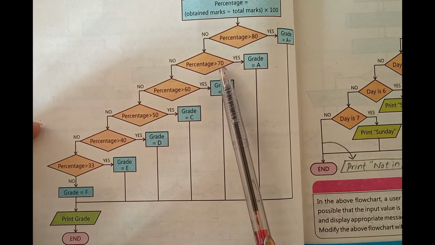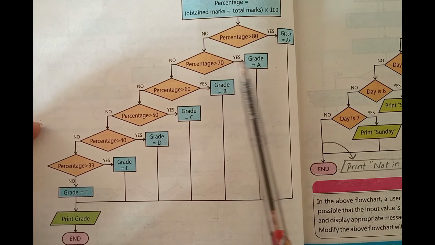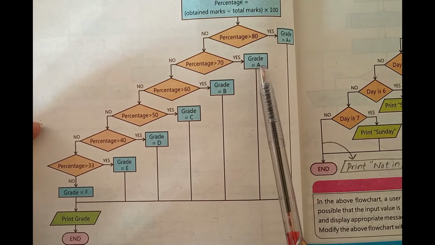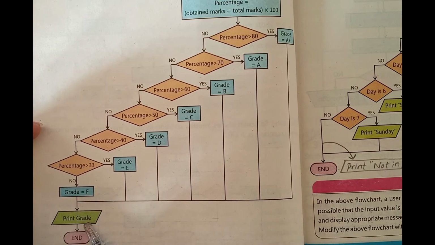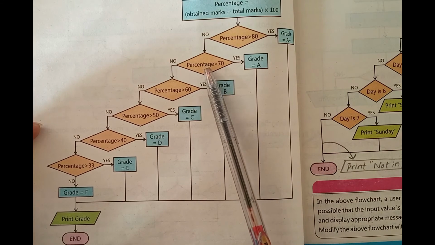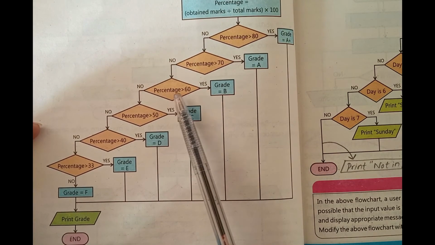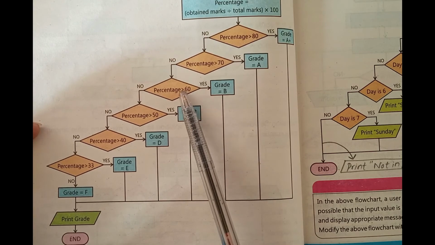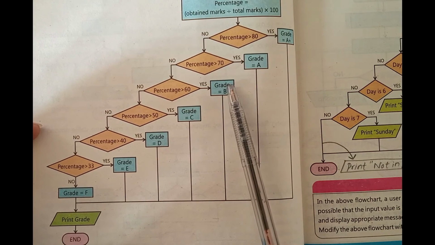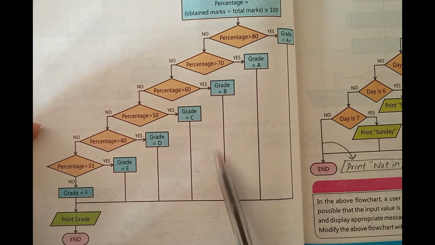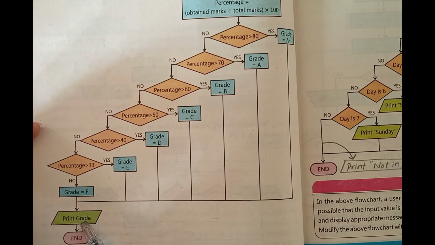Percentage greater than 70, if the condition is yes, then it will print grade A, and then the flowchart will be ended. If the condition is not fulfilled, then it goes down. Percentage greater than 60, if yes, then it will give grade B, and then it will print grade, and then the flowchart will be ended.